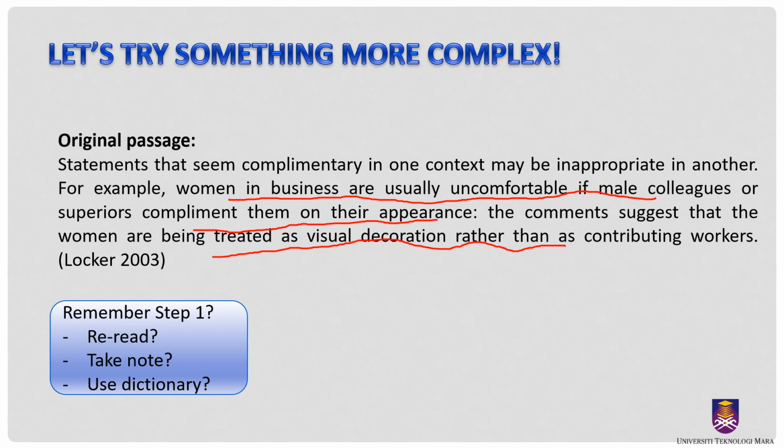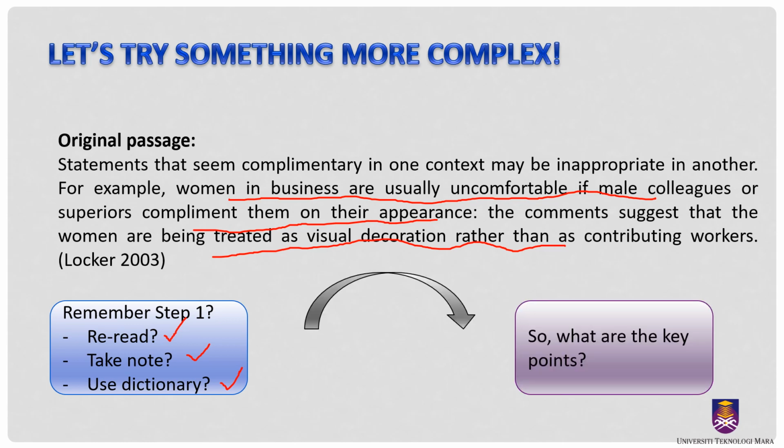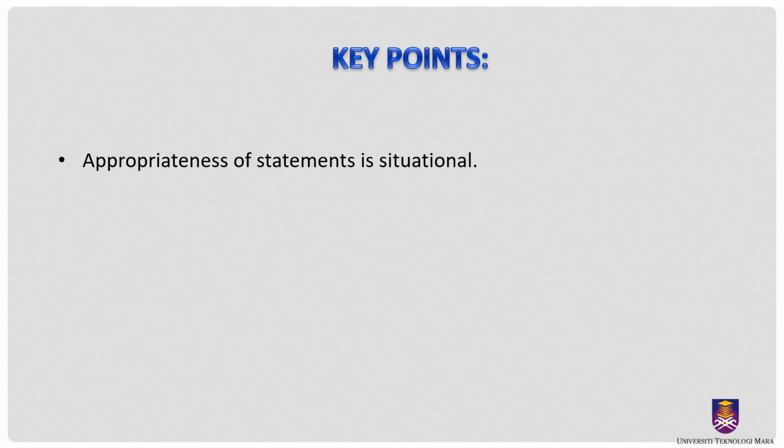So remember the steps that you need to follow in order to paraphrase. First thing, you need to reread in order to get your understanding. You can take some notes, and then you can also use the dictionary. So what are the key points? These are the key points based on the passage earlier. The first point is appropriateness of statement is situational.